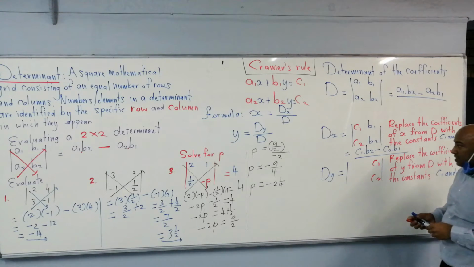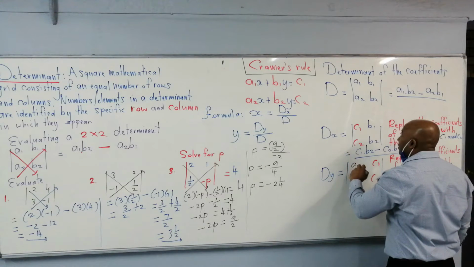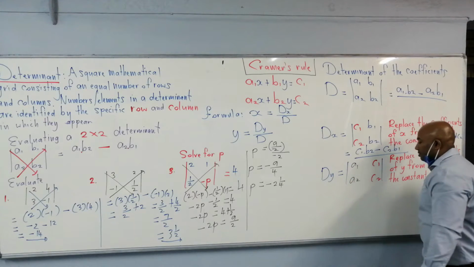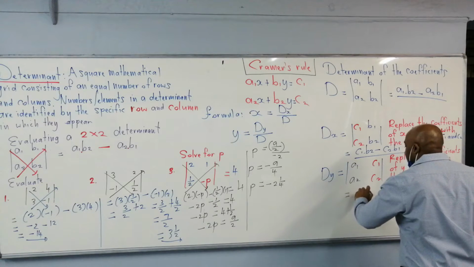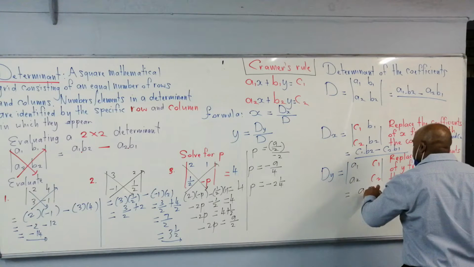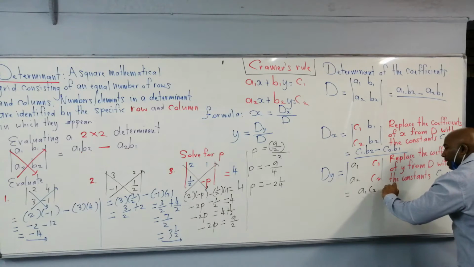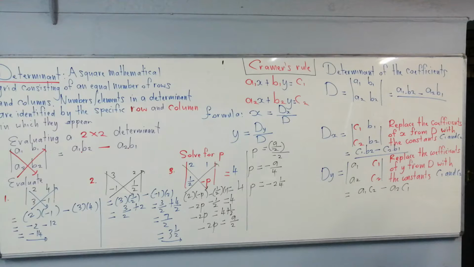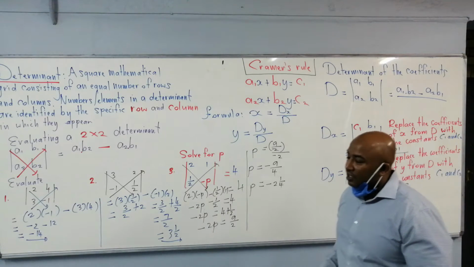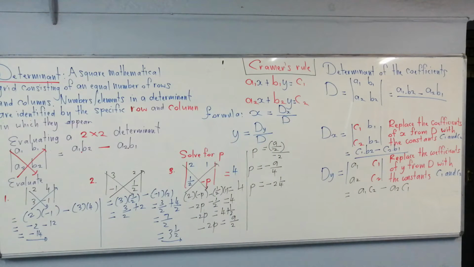You leave it as it is, which is A1, A2. So once you've got that sorted, now evaluate it. That's going to be A1 times C2 minus A2 times C1. And now we're done. All you have to do is substitute.